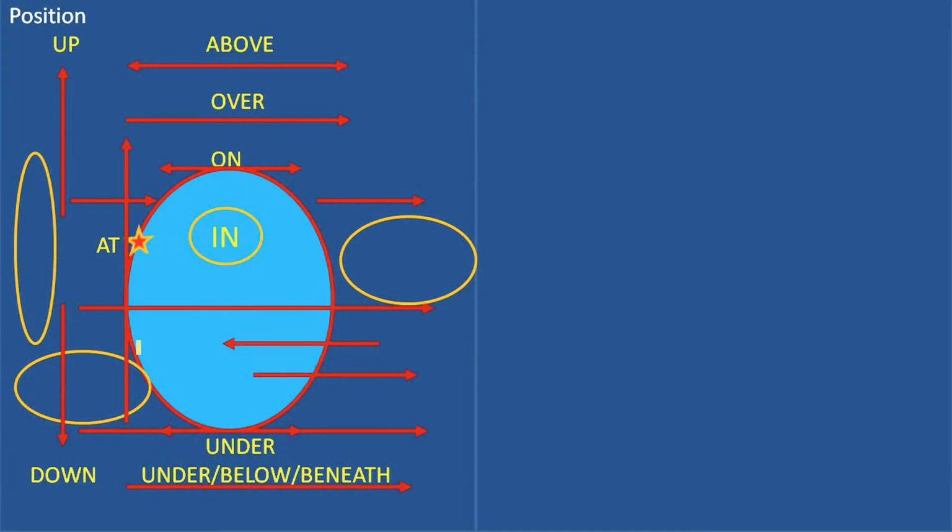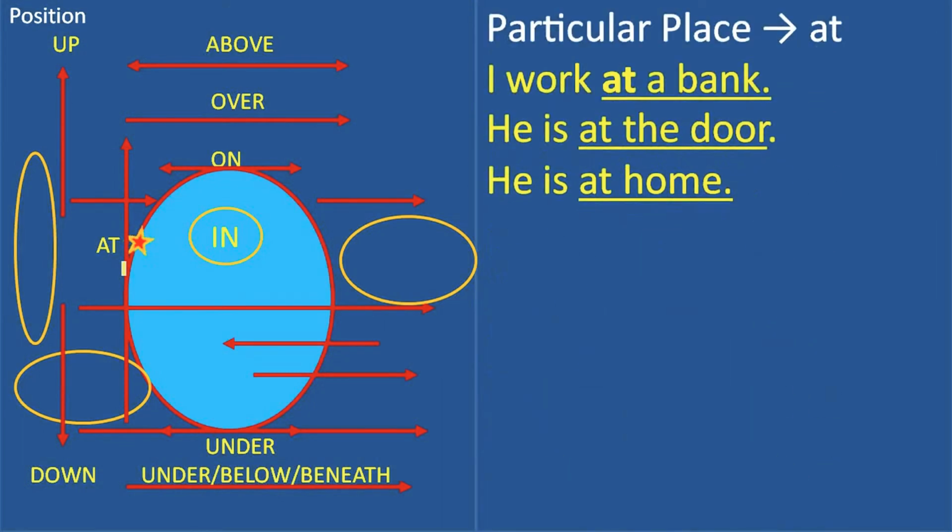Next, if something's position is fixed and it is in a particular place, that time we will use at. When I work at a bank, there is a big circle, but the asterisk is in a fixed position.